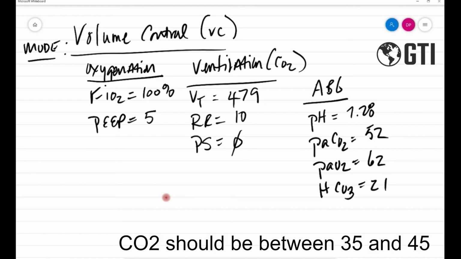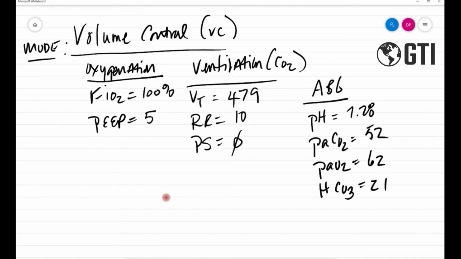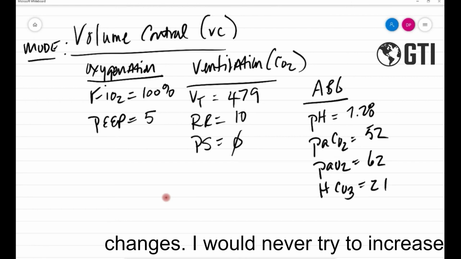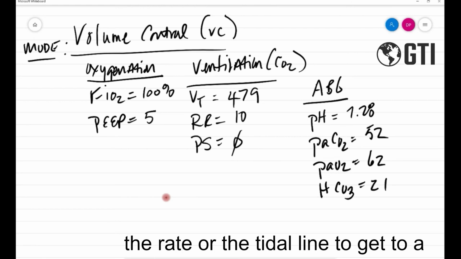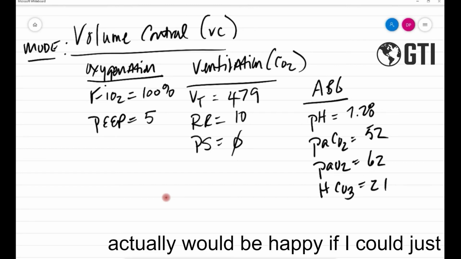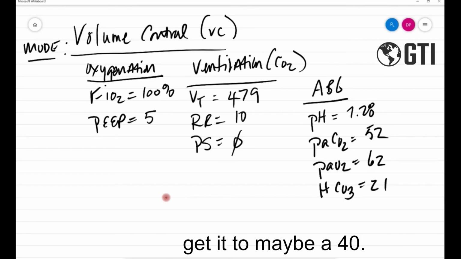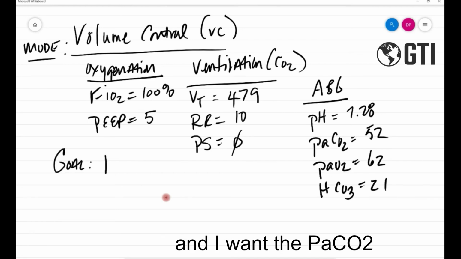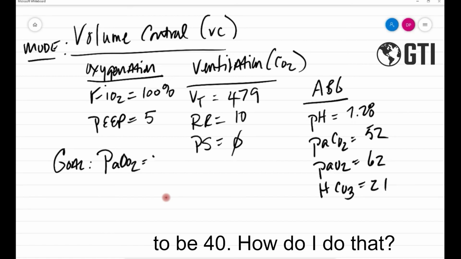We know PaCO2 should be between 35 and 45, and I do want them to get close to the range, but you never want to have drastic changes. I would never try to increase the rate or the tidal volume to get to a PaCO2 of 35. I would be happy if I could just get it to maybe a 40. My goal is to correct this acidemia, and I want the PaCO2 to be 40.